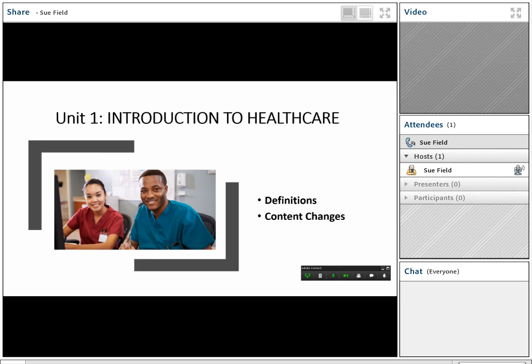And then we also wanted to talk about substance abuse. There was a lot in the federal requirements to expand on opioid use, substance abuse, classify that into substance abuse. And so that is included.